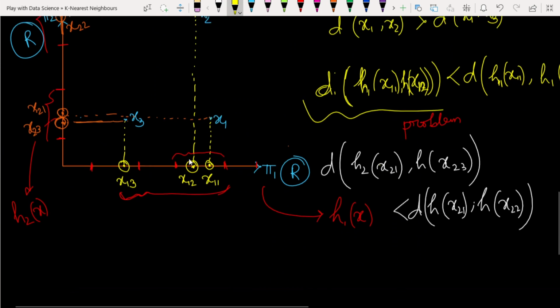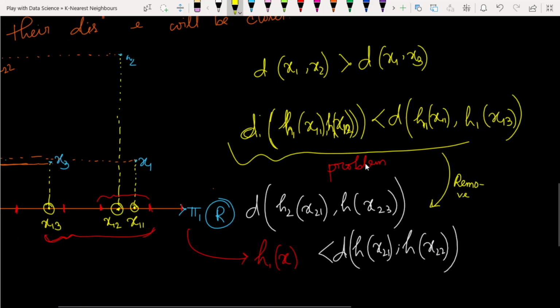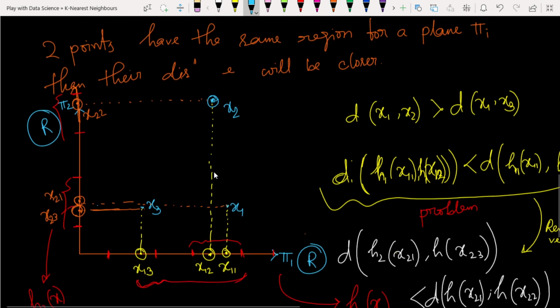So simply, by using another plane, this problem is removed. I think you have understood this issue.